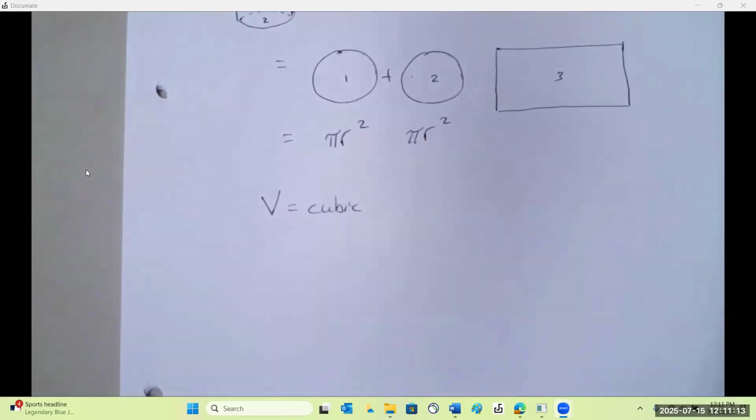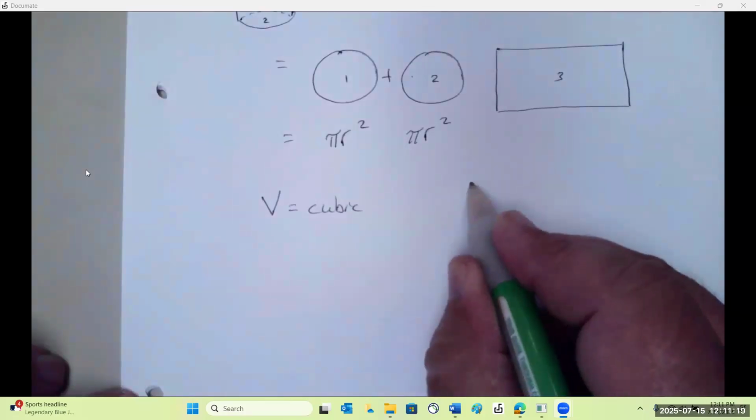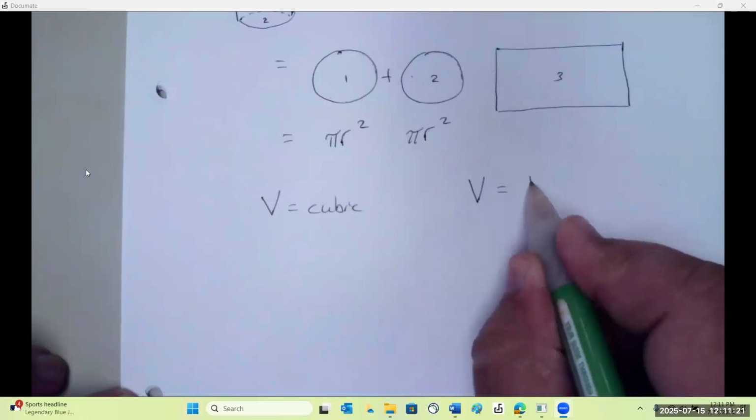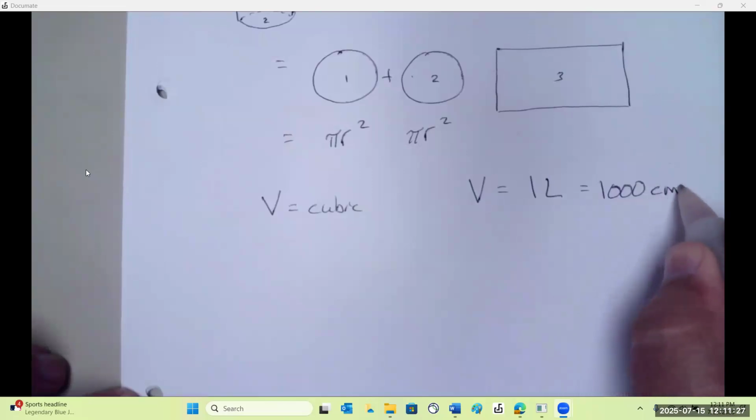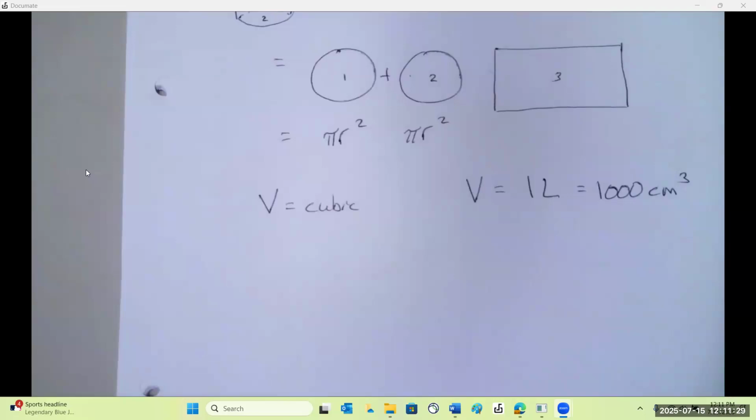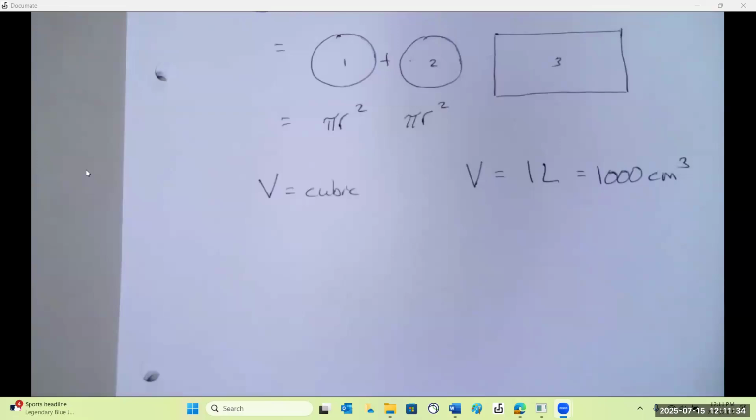So here's the only part that we have to look at a conversion chart. Since the volume is equal to 1 liter, you can put it into any units you want to, but the easiest one would be 1,000 cubic centimeters. You can use deciliters or decimeters or hectometers or meters, but the most logical, easiest one to deal with would be centimeters.